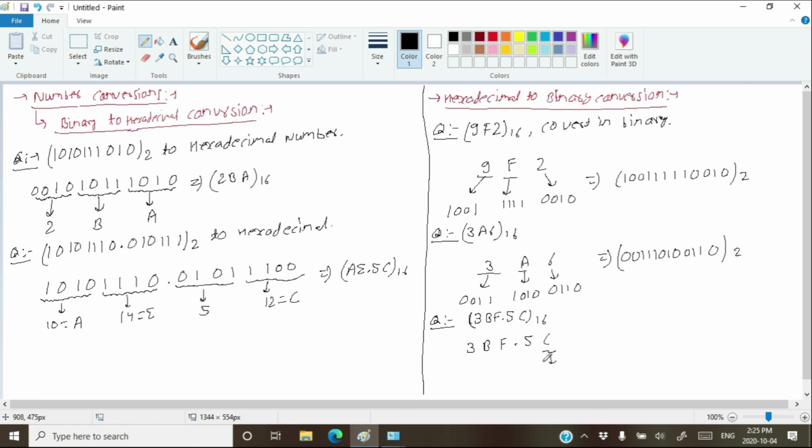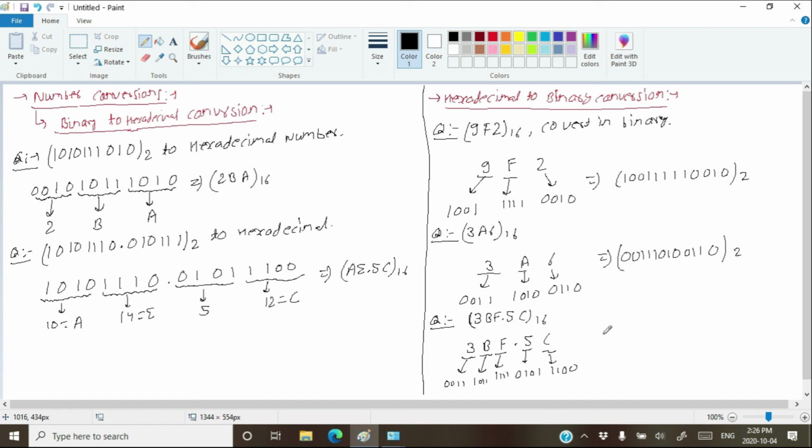The C is 1100, the 5 is 0101, the F is 1111, the B is 1011, and the 3 is 0011.